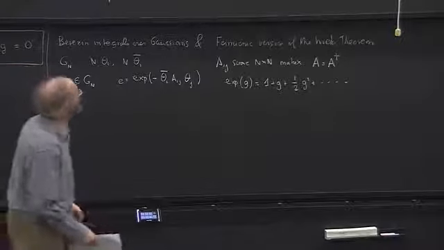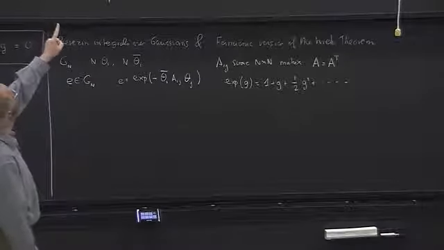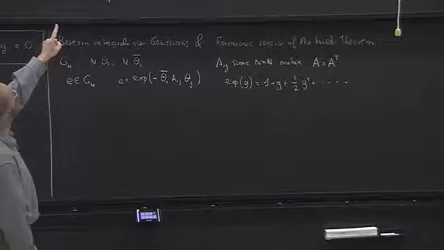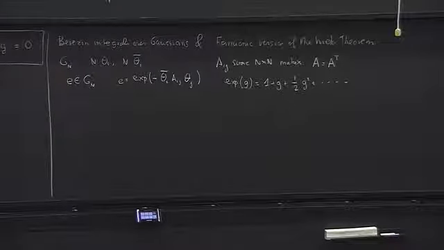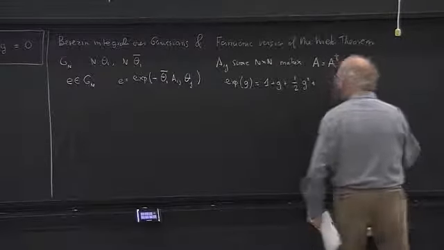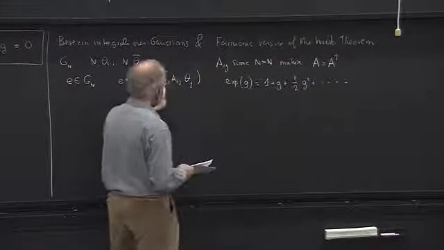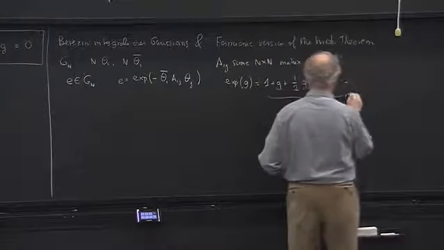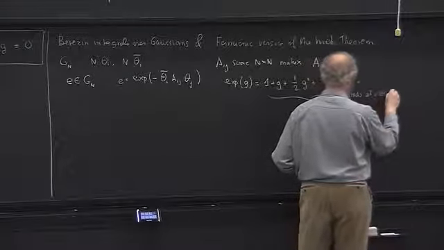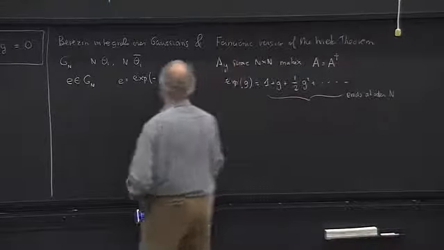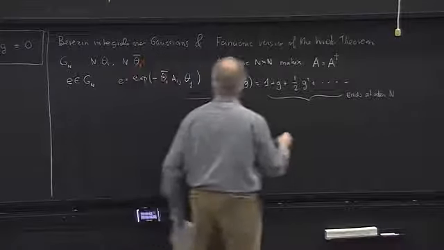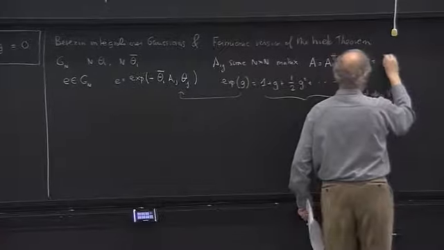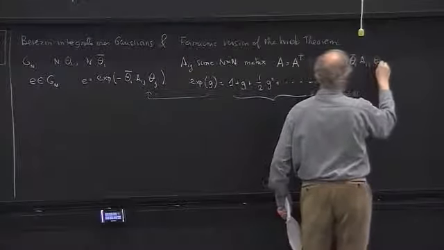And of course, since we are dealing with an object containing anti-commuting variables, if G contains thetas and theta bars, you check very easily that this sum ends at order n for G equal to theta bar i, A_ij, theta j.